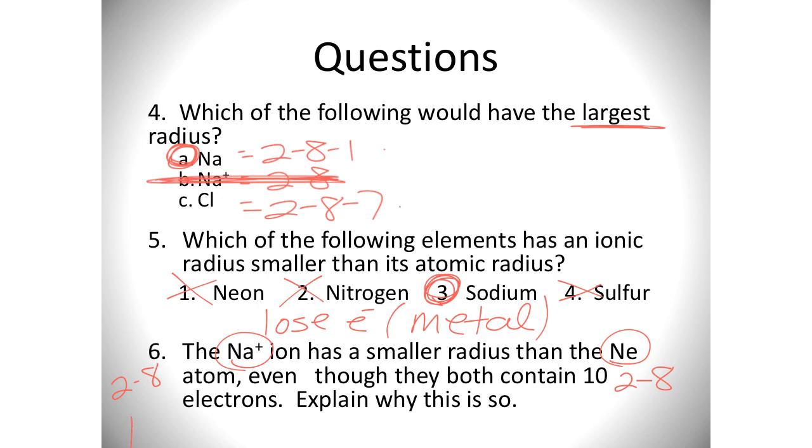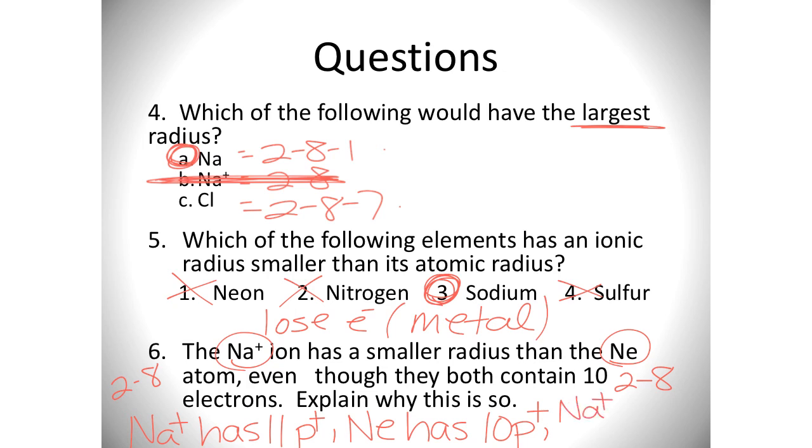However, the sodium ion has 11 protons. Neon has 10 protons. So the sodium ion has a greater attraction to the electrons because it's got a stronger nucleus, so it can pull those electrons in tighter.